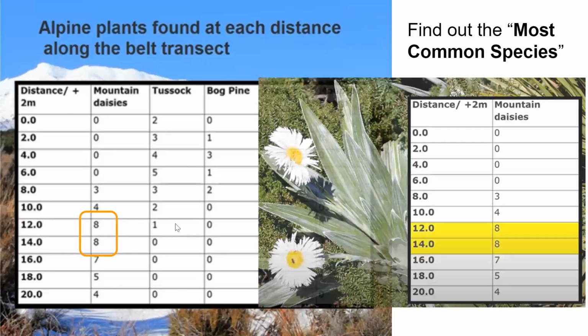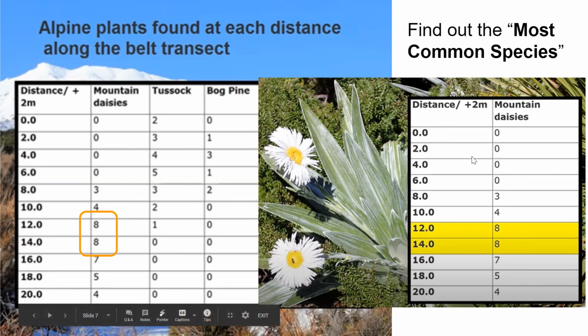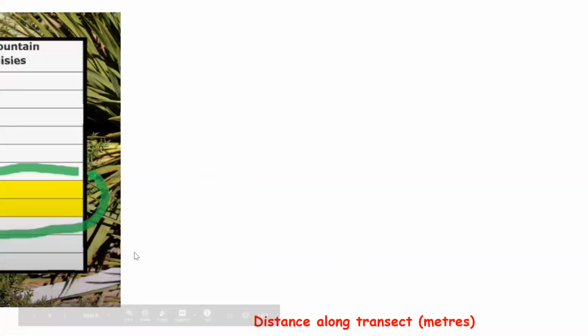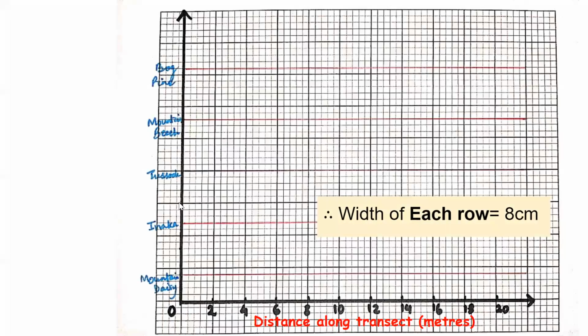Okay, so let's just extract and look at the mountain daisy part of our table. And we will begin our kite graph using that data. So let's see how we'll draw our table. So this is my graph.